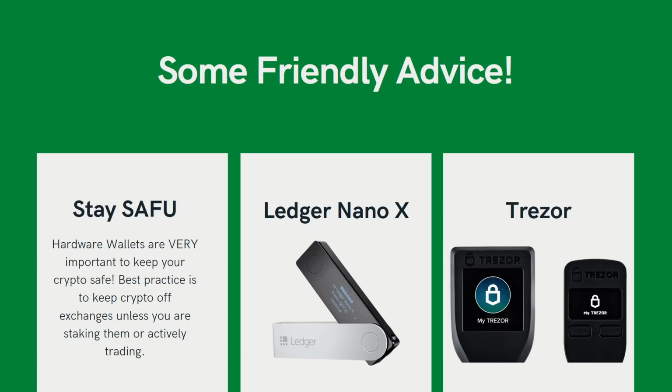So for me personally, the majority of my funds that I have in crypto are not stored on exchanges. They're stored offline where people can't access them, just because, again, exchanges can get hacked, websites and servers can go down, and whatnot. I want to make sure that the bulk majority of my crypto, the part that's inactive, that I don't use actively every day to make money, is stored somewhere safe.